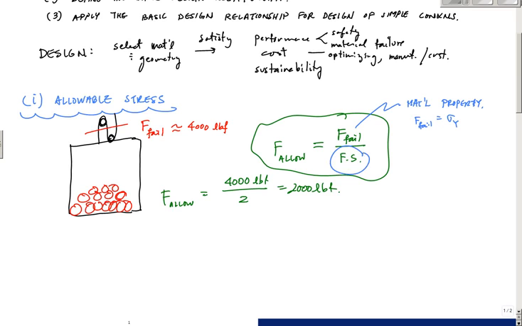And usually this factor of safety is established by some sort of guideline, by industry guidelines, things like the AISC building specifications for steel construction, the ASME boiler and pressure vessel code, experience.